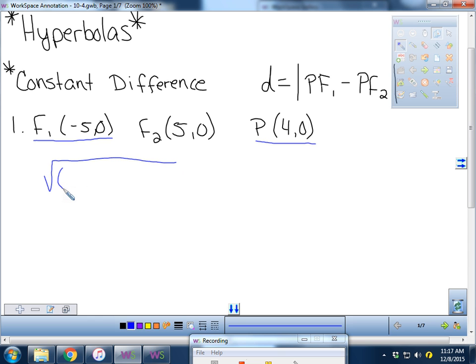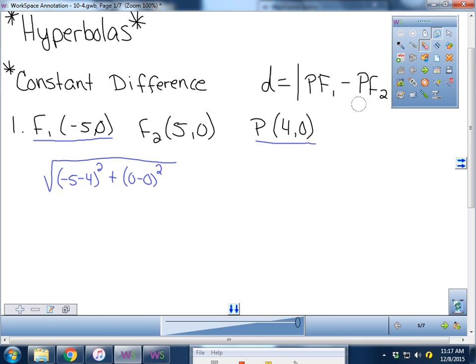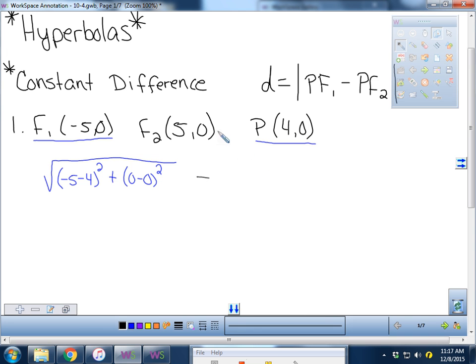So I take my x's and subtract them, negative 5 minus 4, and square that, plus I take my y's and subtract them, 0 minus 0 squared. And then I'm going to subtract the distance between my second focus and that same point.